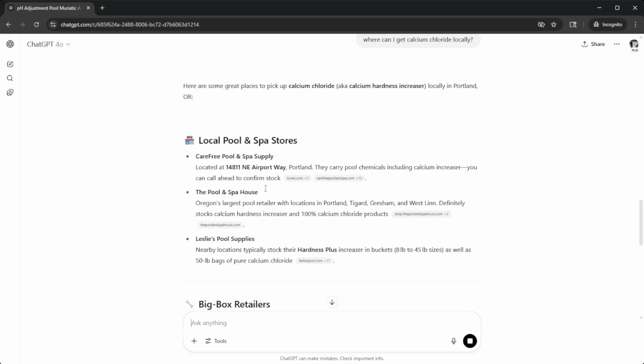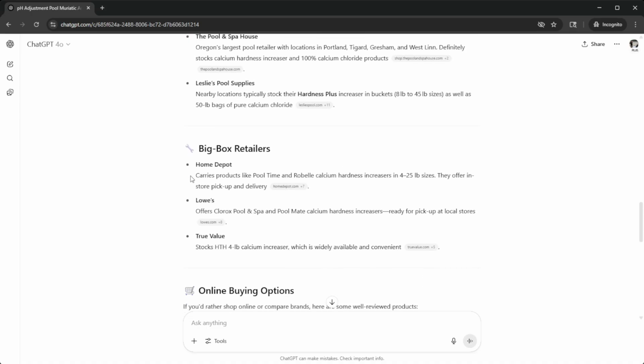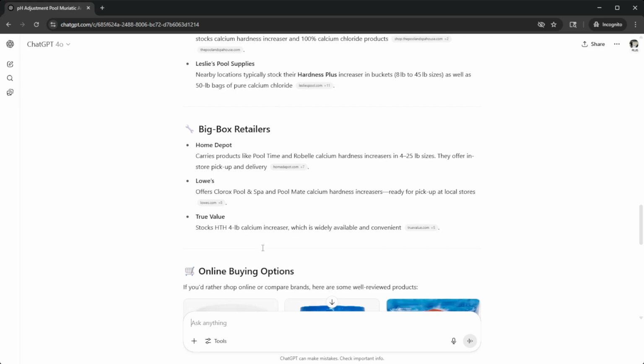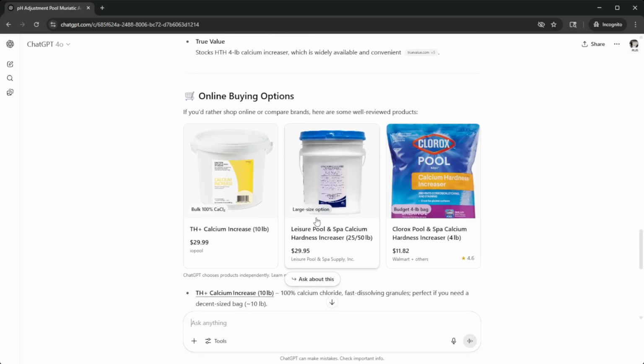Yeah, so it'll tell, see, it knows I'm in Portland. And then the big box stores carry products like Pool Time and Robo. And these are guaranteed cheaper. And then it gives you online options.